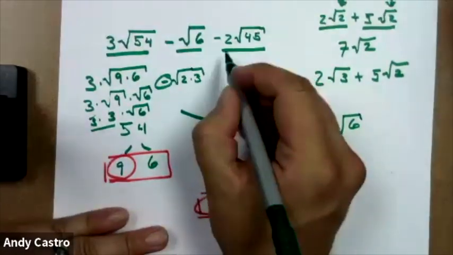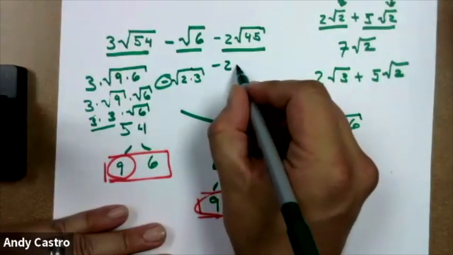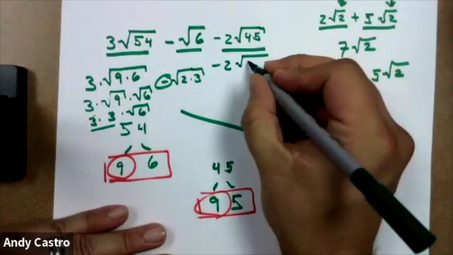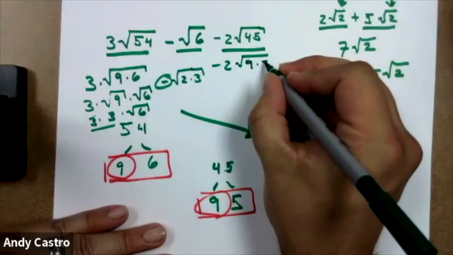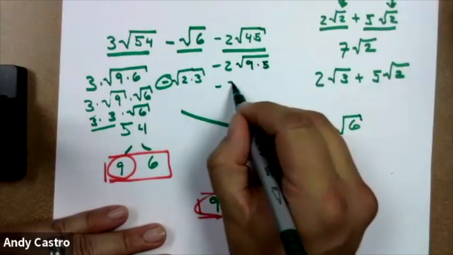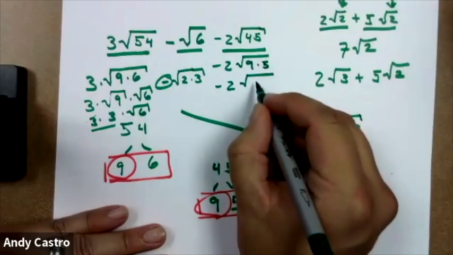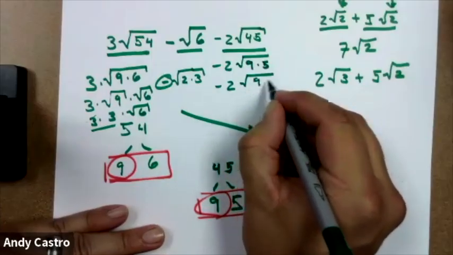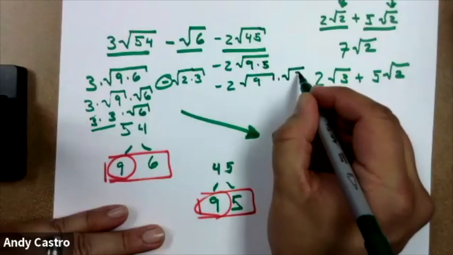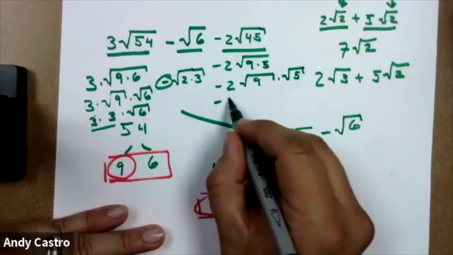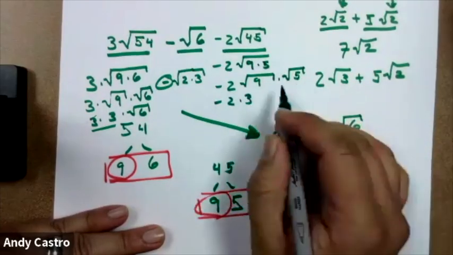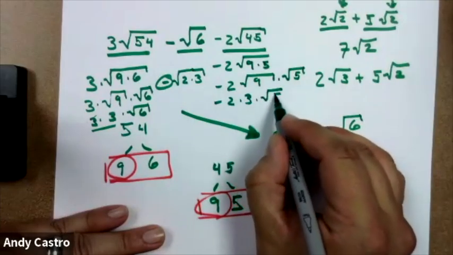So here I can do 2 times the square root of 9 times 5. Split that root over the 2. 9 times the root of 5. And I have negative 2 times 3 times the root 5.